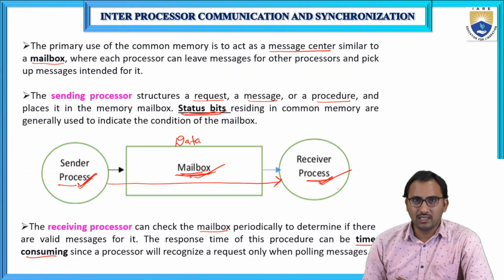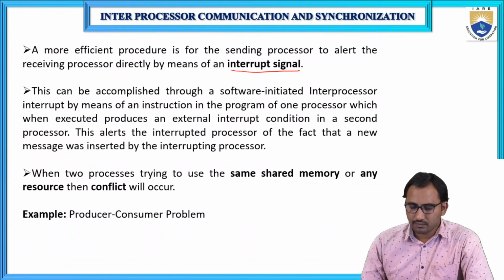So by using the interrupt signal, time is saved because the receiver processor has no need to periodically check the mailbox. That is the advantage of the interrupt signal. This can be accomplished through a software initiated interprocessor interrupt, by means of an instruction in the program of one processor which, when executed, produces an interrupt condition in a second processor.